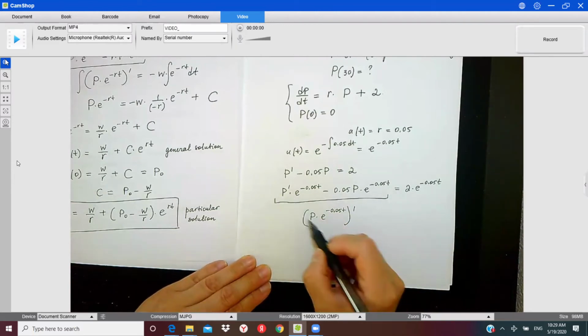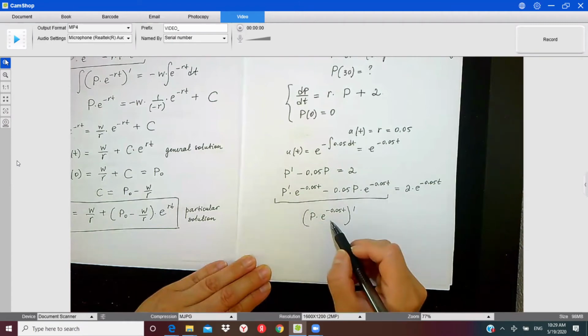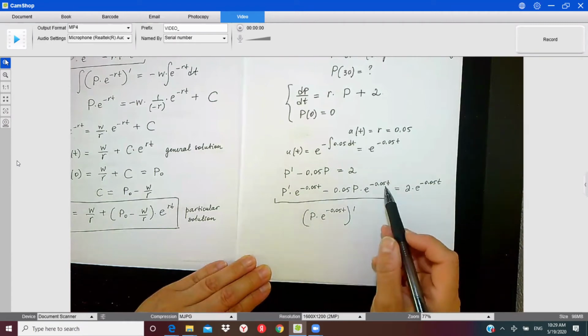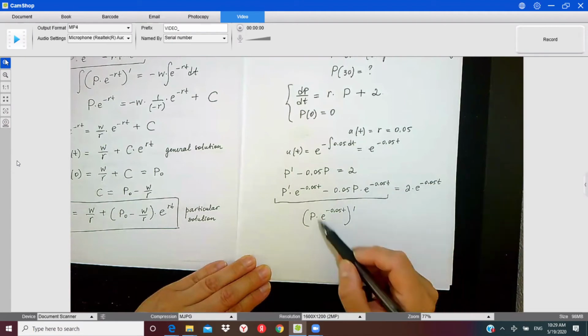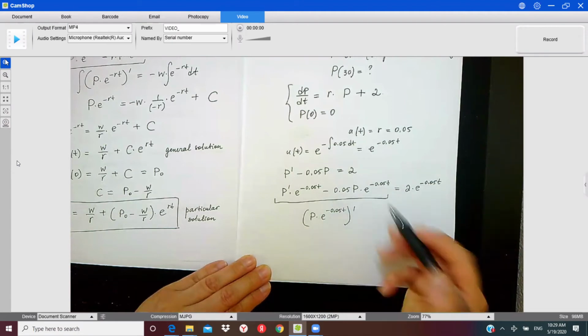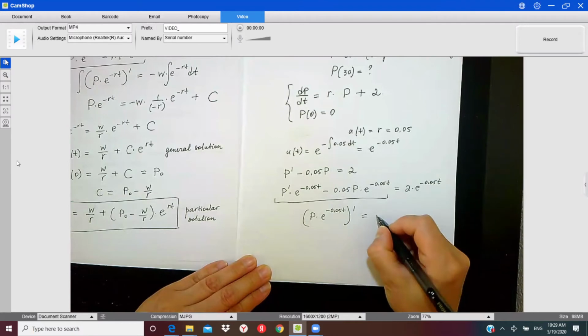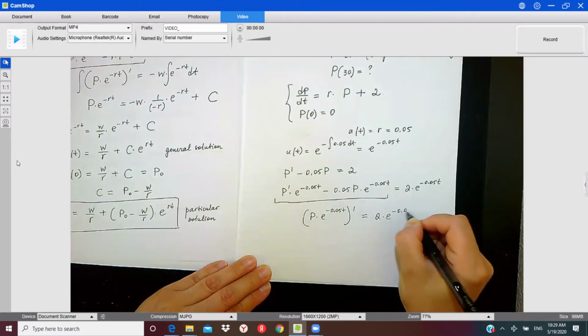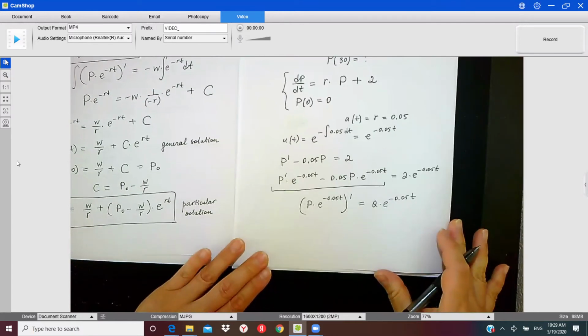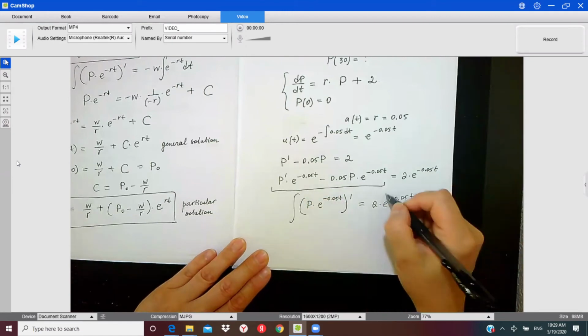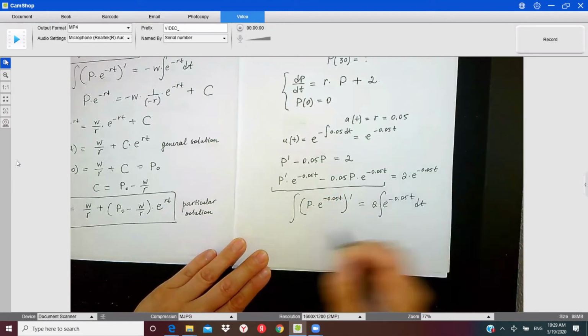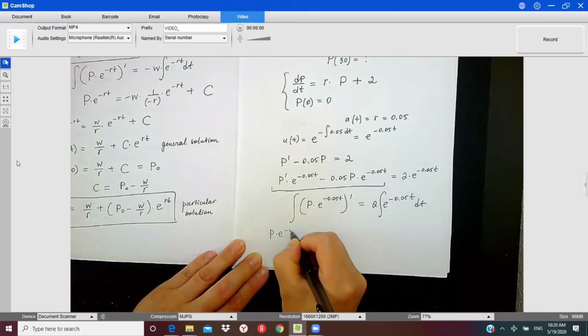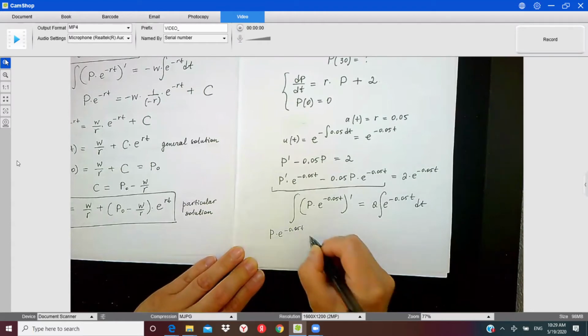So I'm just checking to make sure that this is correct. So P prime times e to the negative 0.05 t, and here we're supposed to have plus P times the derivative of this exponential, which looks fine. So this is the right-hand side. Integrate, and we have P e to the negative 0.05 t on the left-hand side.